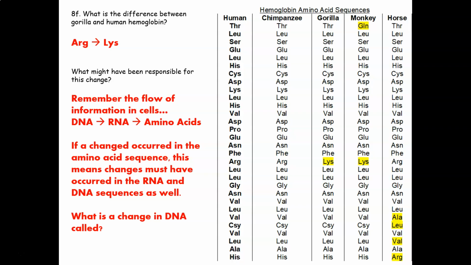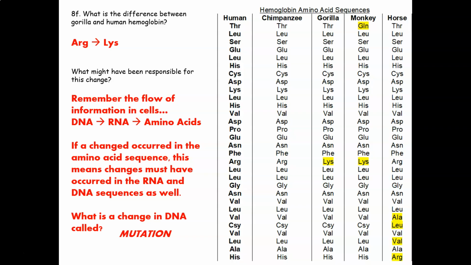So the DNA is the set of instructions to know which amino acid to put in which order. So if I change the amino acid sequence, like that lysine from that arginine, that means something had to change in the rest of these sequences. So if I change this amino acid sequence, the RNA sequence changed, which ultimately means the DNA sequence changed. So what do we call a change in DNA?